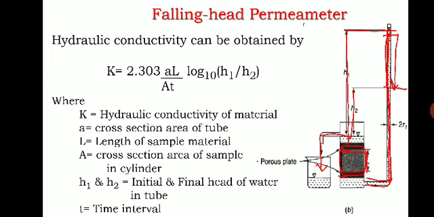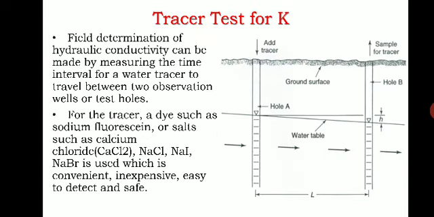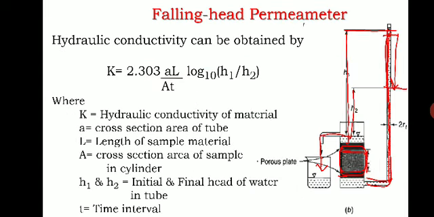Then what are the disadvantages and advantages of this falling head and constant head permeameter? So disadvantages of these laboratory methods are the undisturbed sample of unconsolidated material, they are difficult to obtain, because when you take the sample from the earth, obviously it will undergo at least some disturbance.